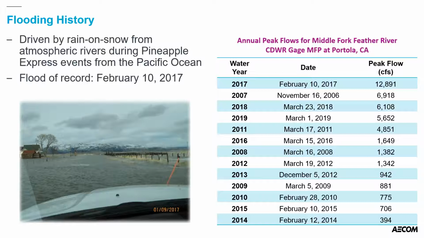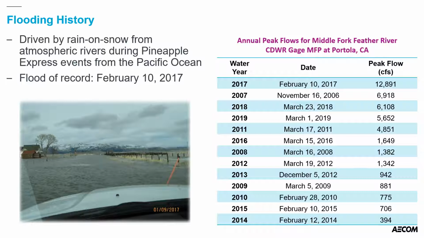But you can see in the annual peak flows for the river gauge at Portola that those floods happen in late winter, March and February predominantly, with a couple peaks of record in November and December.